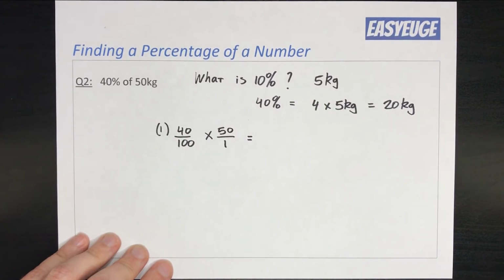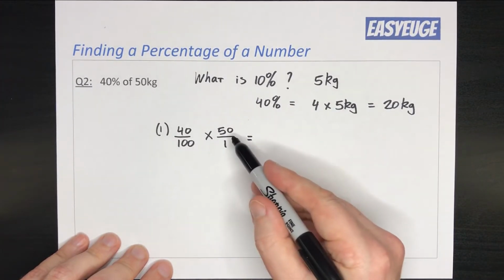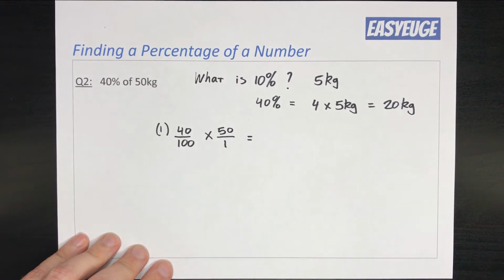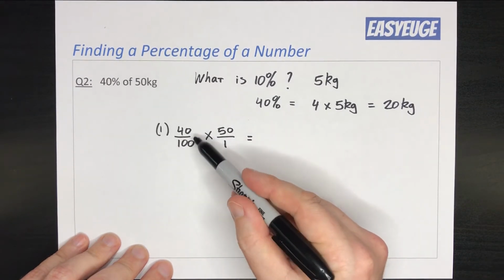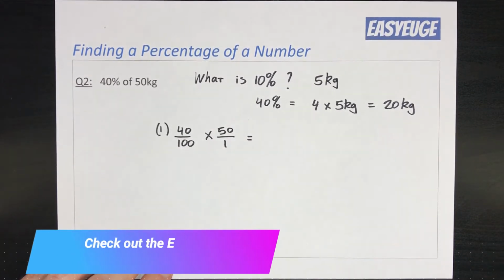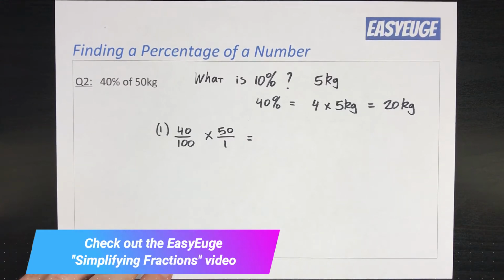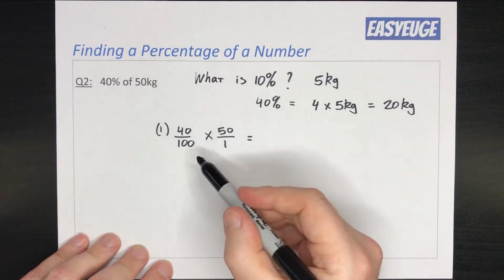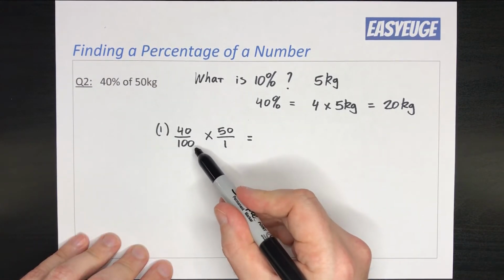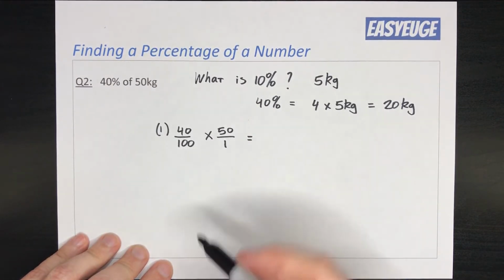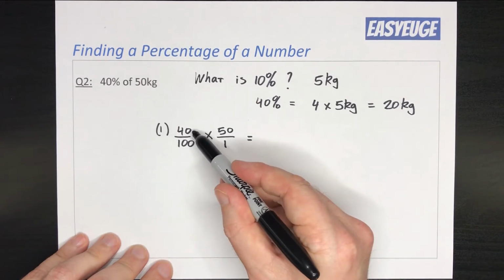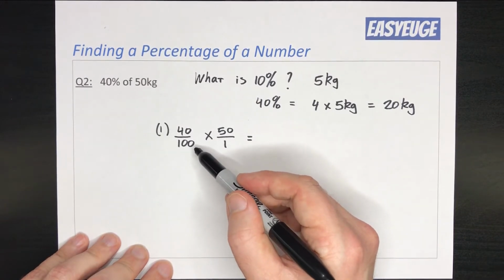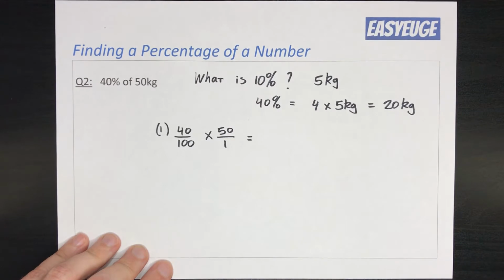Let's multiply this out. 40 by 50. Gosh, that's very big. Can we simplify any fractions before we proceed? And I have a great video on my YouTube channel called Simplifying Fractions to help you make working with fractions easier. But in short, whatever you do to the top number, you have to do to the bottom number when you're simplifying.